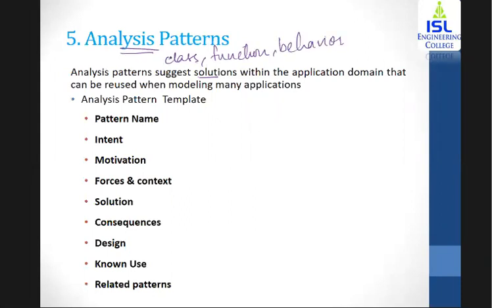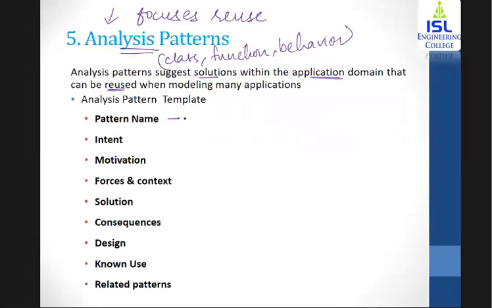So the analysis pattern suggests the types of solutions within the application domain that can be reused. It focuses on reusing. Now within this, in the analysis pattern template, the first thing that you're going to have is a pattern name.